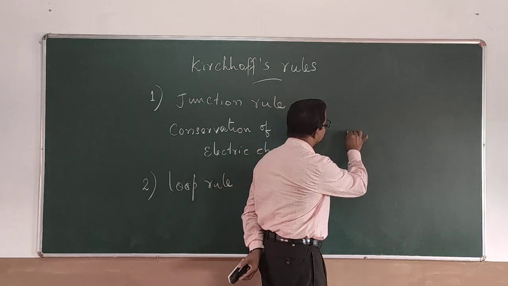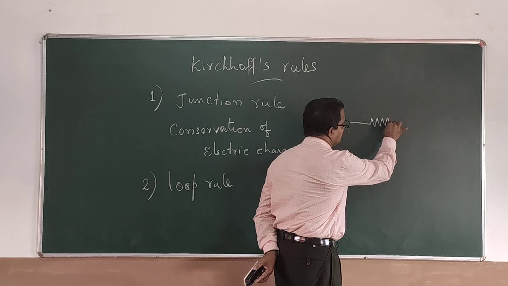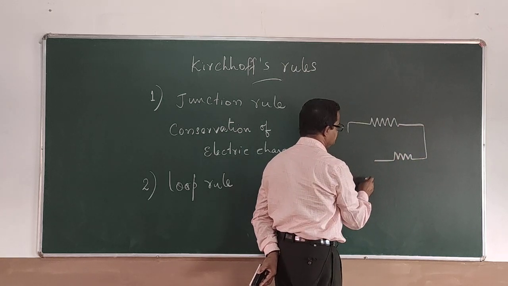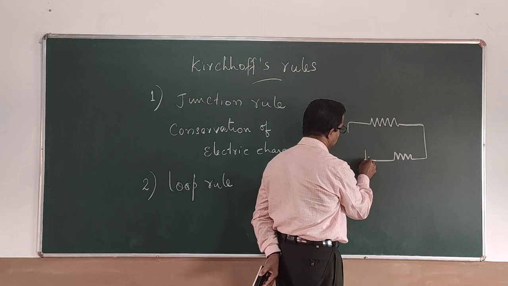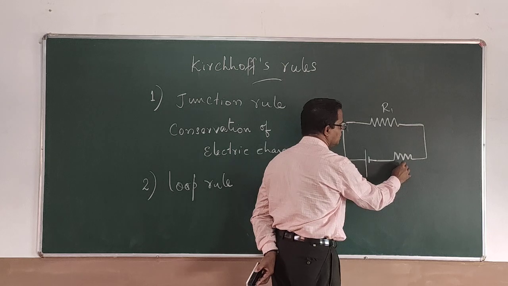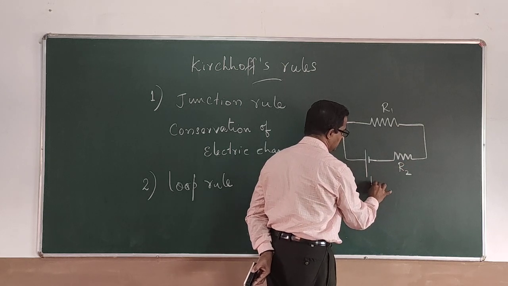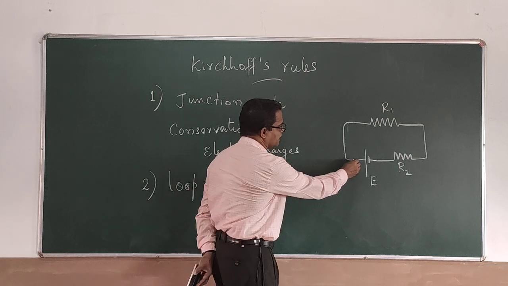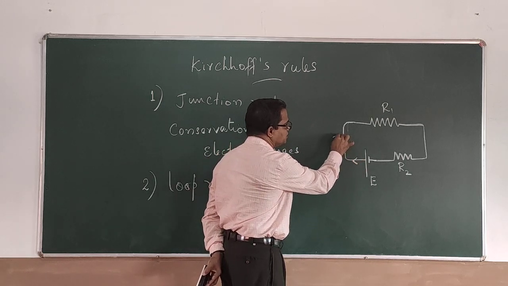For example, suppose I have a circuit here with two resistances R1, R2 and an EMF E. And a current I is flowing through this.